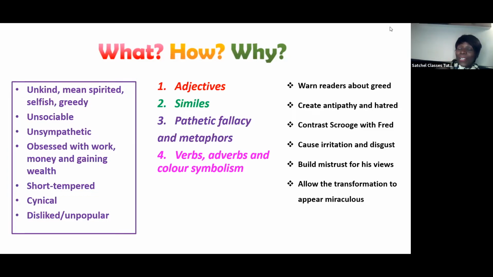It would take a miracle, and it does take a miracle, a supernatural sign, the 4 different ghosts, Marley and the other 3 ghosts, to transform him. His transformation is genuine, but it's also miraculous. So it's showing us really there is hope. Even the most hard-hearted, unpopular, cynical, and greedy man can change for the better.